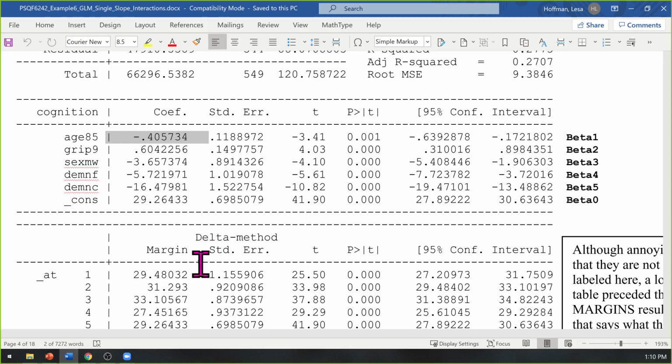And how much worse? Well, the slope is always the effect on y for a 1 unit difference in x. So if we put the units onto this, it's per year of age. For every year older you are, you're predicted to score lower on this cognition test by 0.4. Is that a lot?